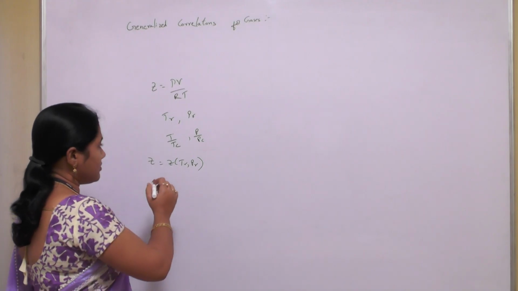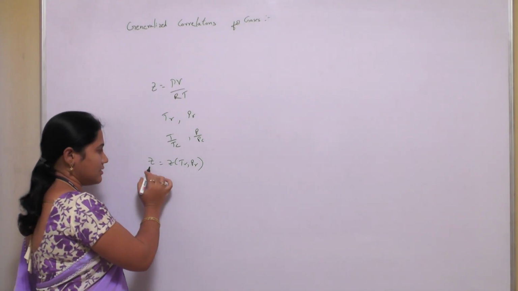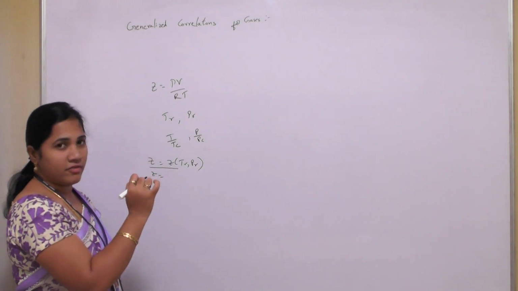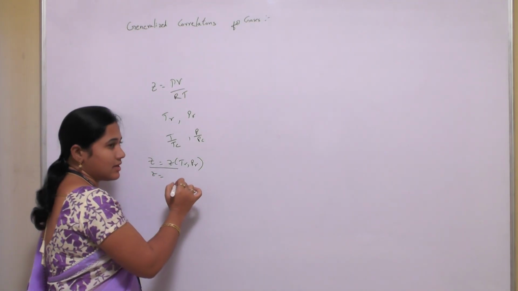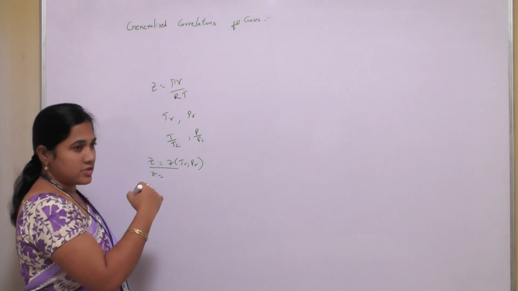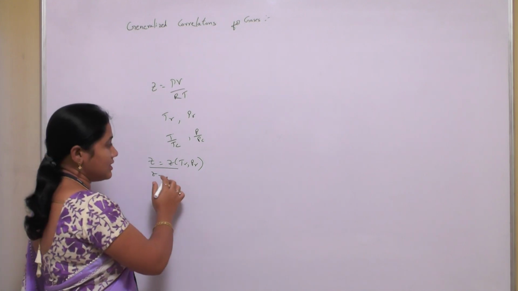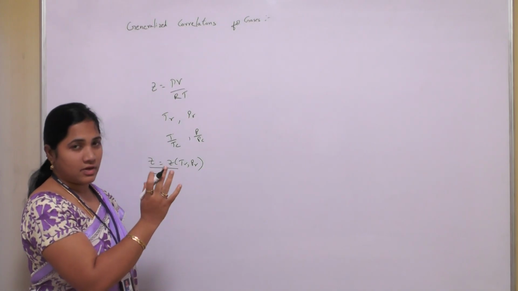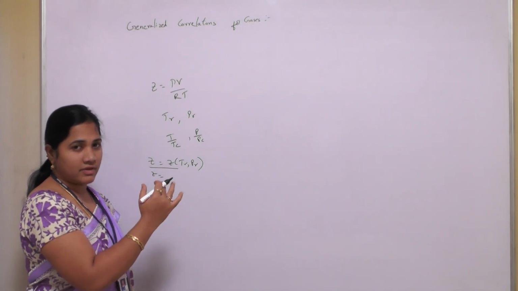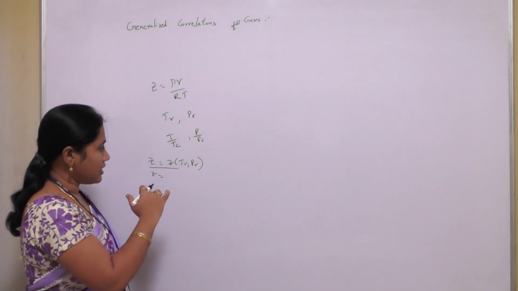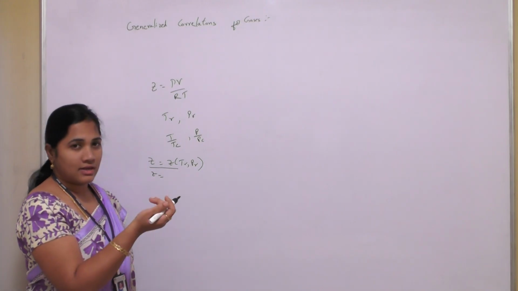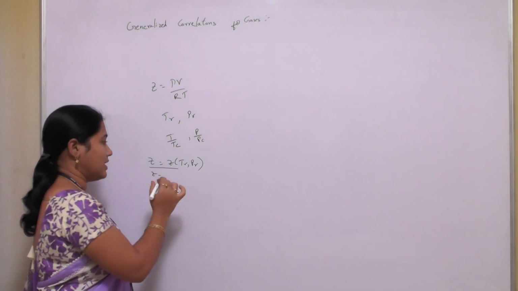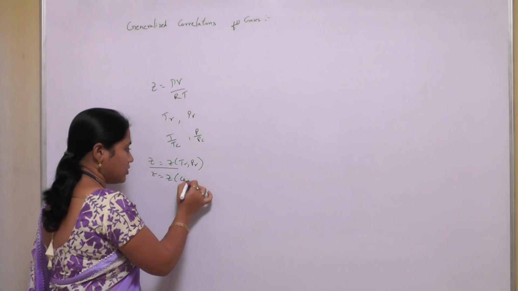Now, this is true only for simple fluids like xenon, krypton, and argon. If you take complex fluids, the deviation is not exactly the same. So some researchers found that by adding an additional parameter, omega, the compressibility factor becomes the same.